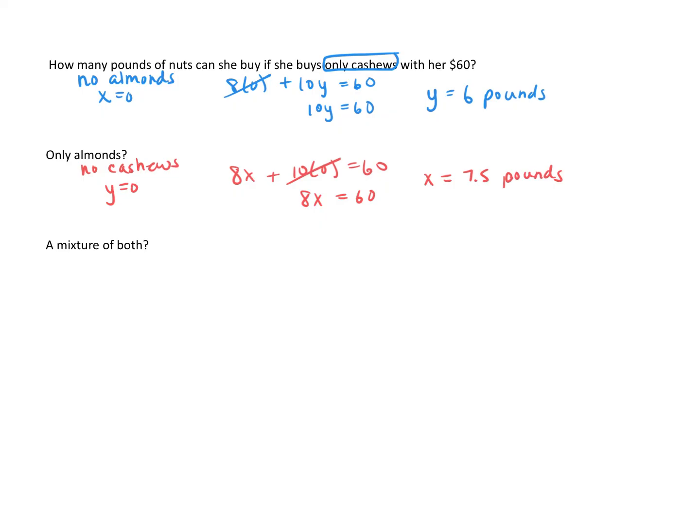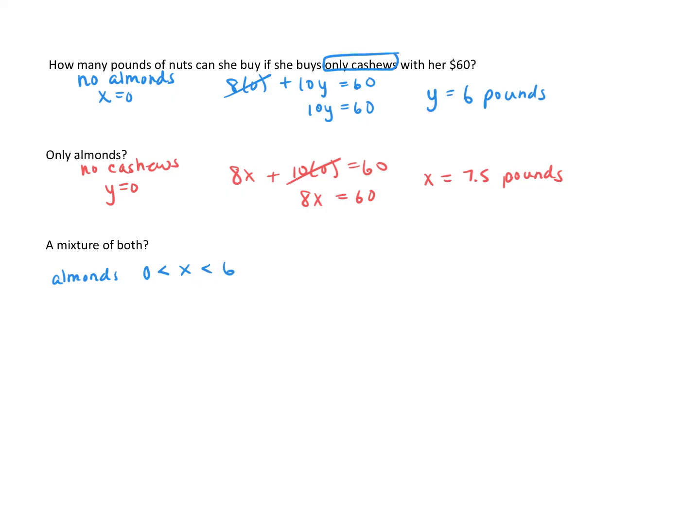What if she buys a mixture of both? So I think it's helpful to think about, if she's buying both, how many of each can she buy? Well, let's talk about the almonds first. If she's buying some almonds and some cashews, she can buy anywhere between 0 and 6 pounds of almonds. She can't buy 0 almonds, that means it would be all cashews. She can't buy 6 pounds of almonds, that means she would have no cashews.